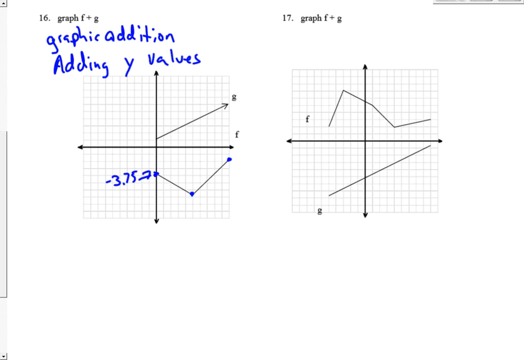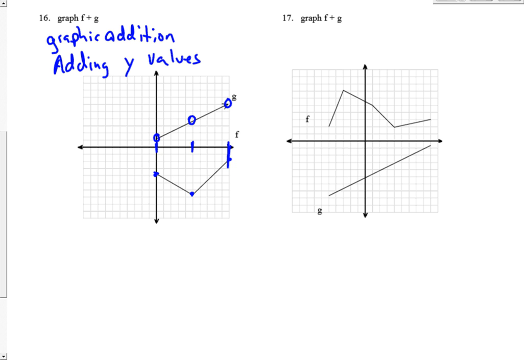Actually, what I'm going to do is understand that that x value is at 0. Over here, my x value is at 1, 2, 3, 4, 5. So I'm going to locate the value of y on the graph of g at these particular points that I have identified from f, the different x values.